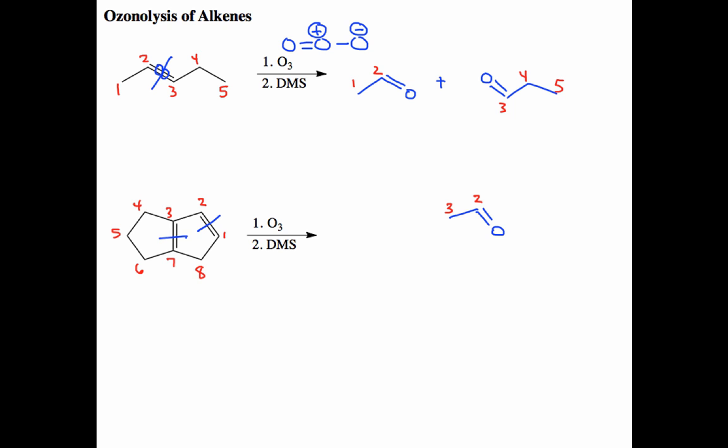Carbon 3 should have a double bond O connected to it where we broke. And then that's connected to carbon 4, which is connected to carbon 5, which I'm going to exaggerate a little bit, but that's connected to carbon 6, which is connected to carbon 7.